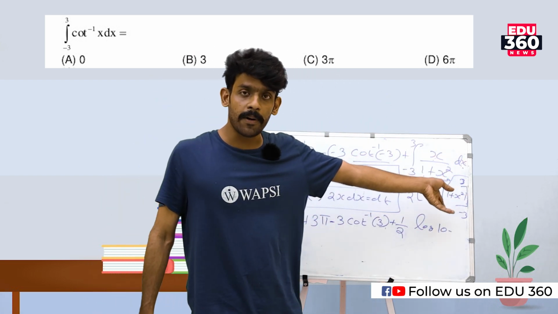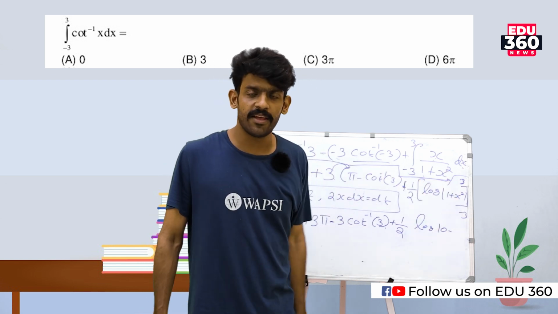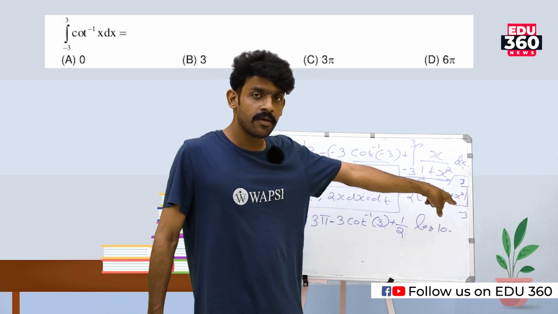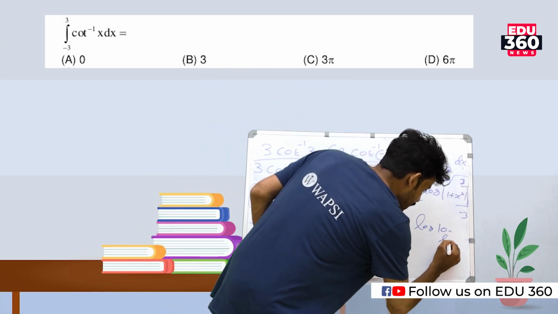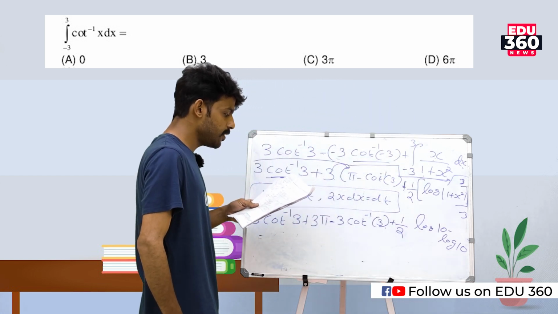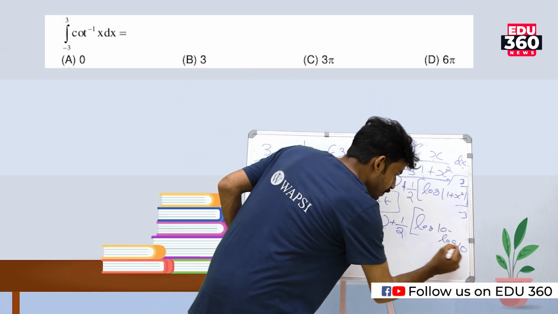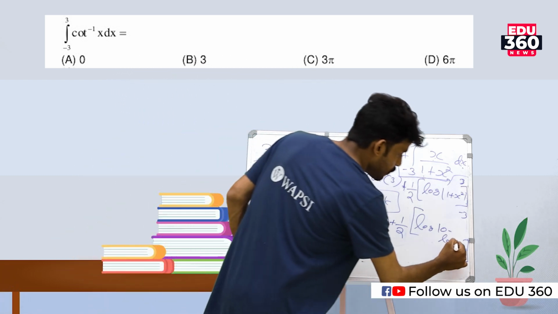And if we apply the lower limit minus 3, minus 3 the whole square is again 9, so 1 plus 9 is 10. So here we can write log 10 minus log 10.